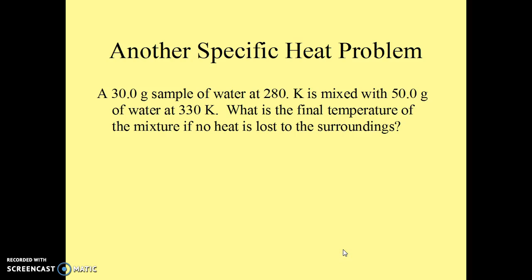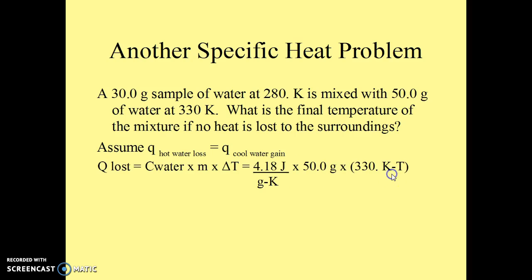Here's another problem. A 30.0 gram sample of water at 280 Kelvin is mixed with 50.0 grams of water at 330 Kelvin. What's the final temperature of the mixture if no heat is lost to the surroundings? Now, we would assume that the heat lost by the hot water is equal to the heat gained by the cool water.